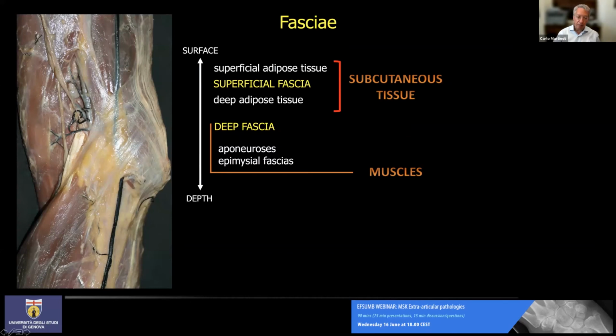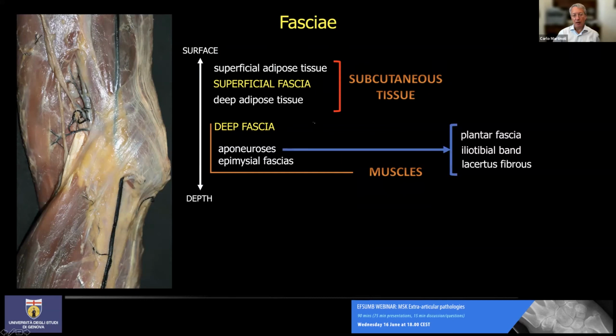The deep fascia is located between the subcutaneous tissue and muscles, and it may have a specialization like the aponeurosis, in which the deep fascia may thicken, and also it may be associated with the fascias investing the muscles, the so-called epimysial fascias.